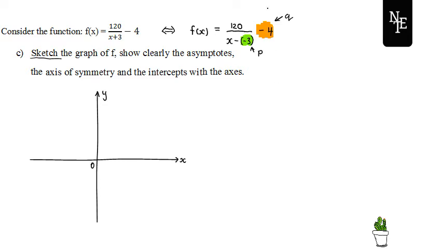Which means that we already know that we have a horizontal asymptote at -4. So since this is a sketch, we're just going to place these things on our Cartesian plane. So I'm just going to draw a horizontal line, and I'm going to name this line y is equals to -4, and then I'm going to draw a vertical line at -3.